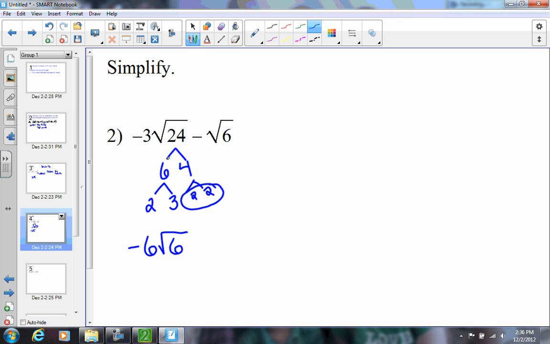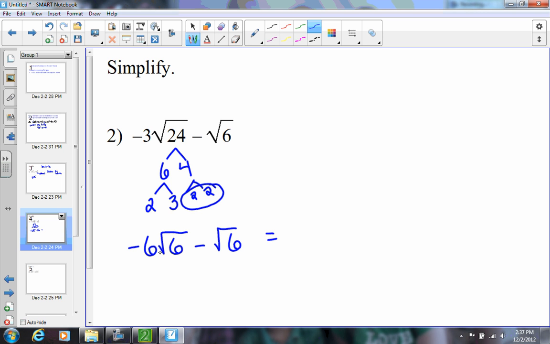So again, my process: I did a factor tree, I broke it down to prime factors, and since it's square root, I needed 2 repeated factors in order to bring a factor out. So I brought out a factor of 2 times the negative 3, which was negative 6. This 2 times 3 had to stay inside because there were no pairs to go with it. And this I don't change, negative root 6.